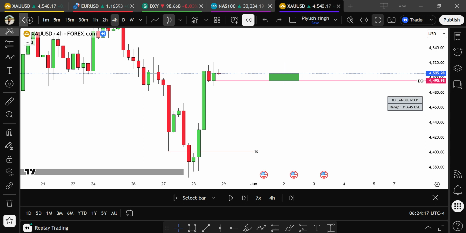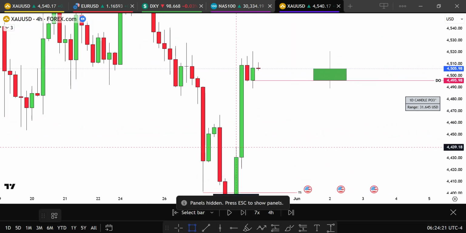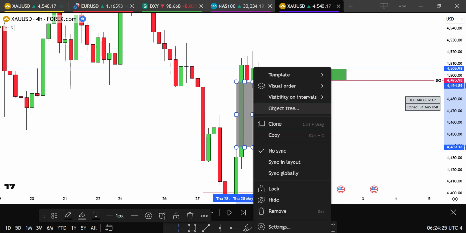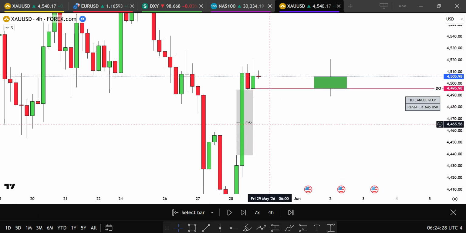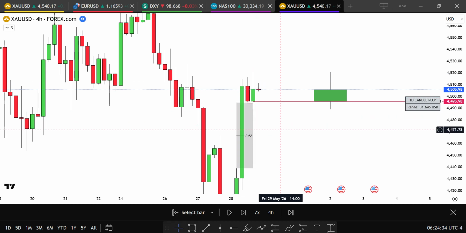So we have to think like this. We have an FVG here. Price went down and reacted from this FVG. Also, this candle swept the previous candle low and closed bullish.